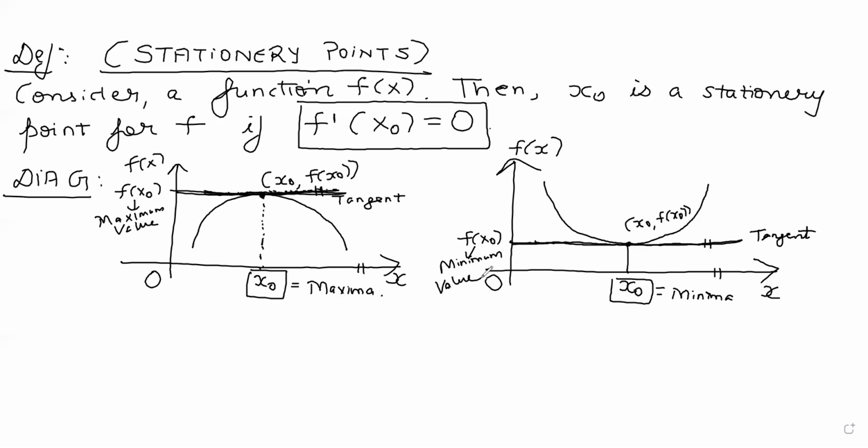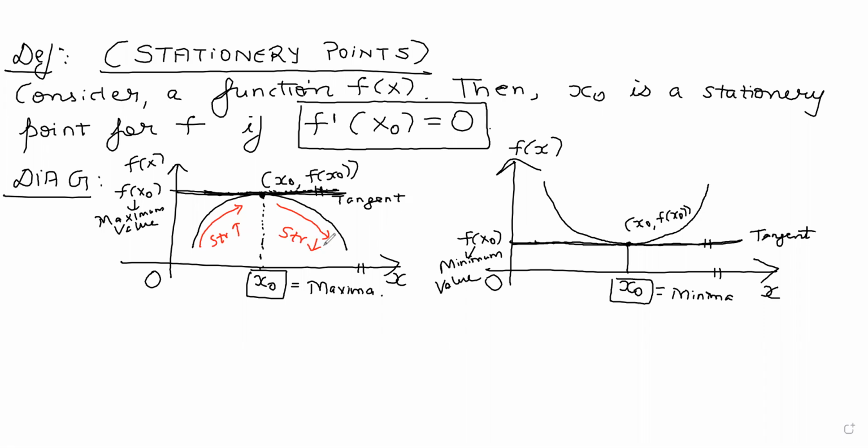So guys, you can clearly see in the first diagram, if I also combine the concept of strictly increasing and decreasing, before x0, the function is strictly increasing. After x0, the function is strictly decreasing.